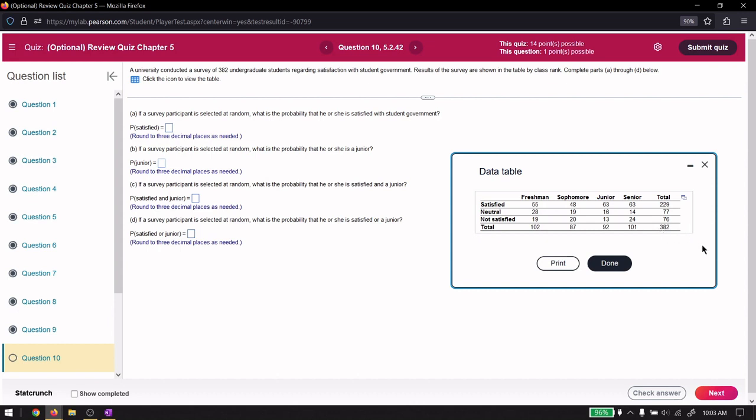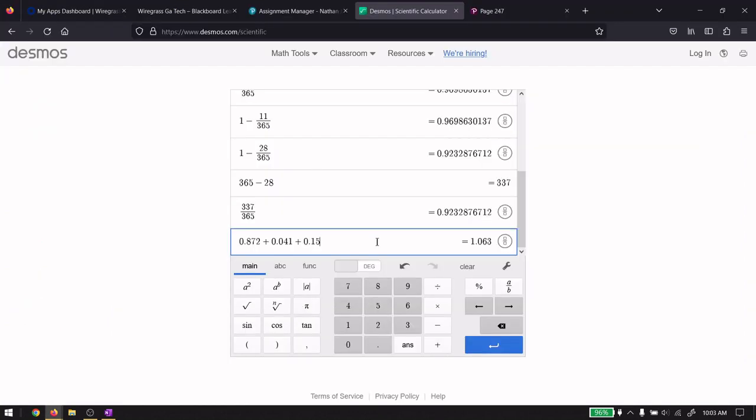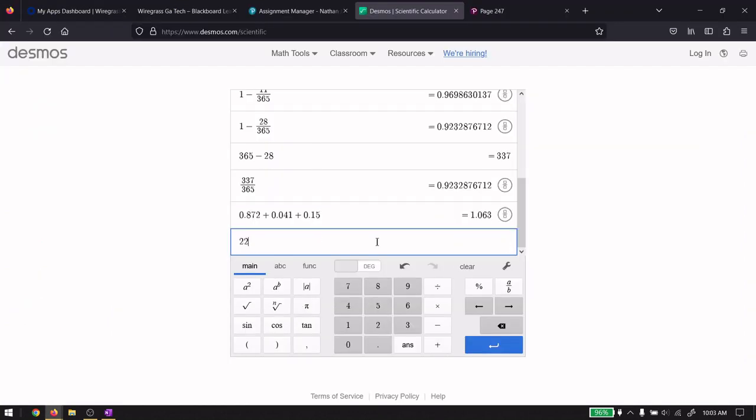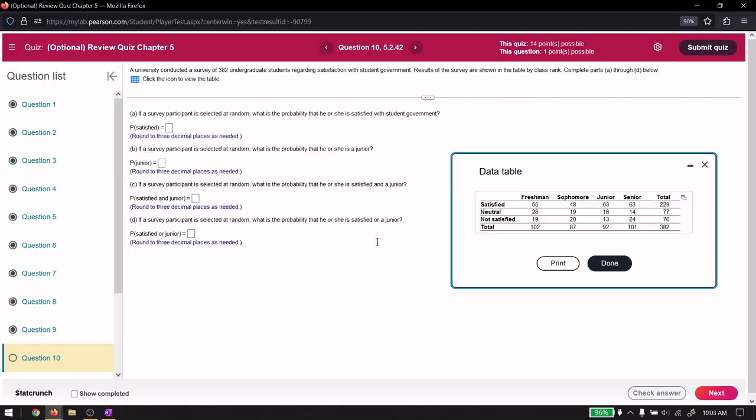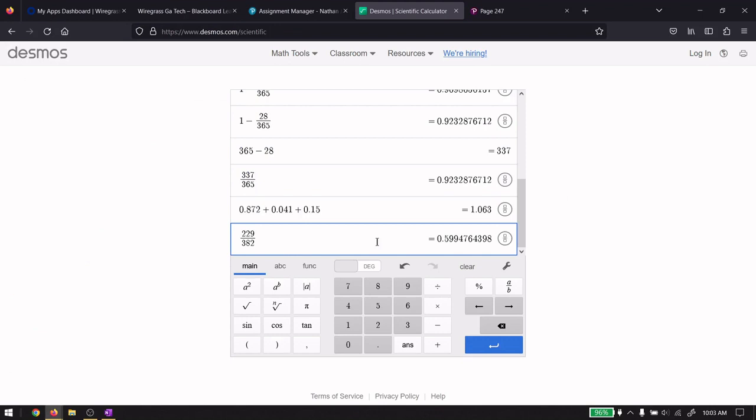You get 382 no matter what. That's the total people that were surveyed, as you can see here again in the question. So the probability that someone is satisfied is going to be 229 out of 382. Let's go ahead and calculate that. 229 over 382 is 0.599.